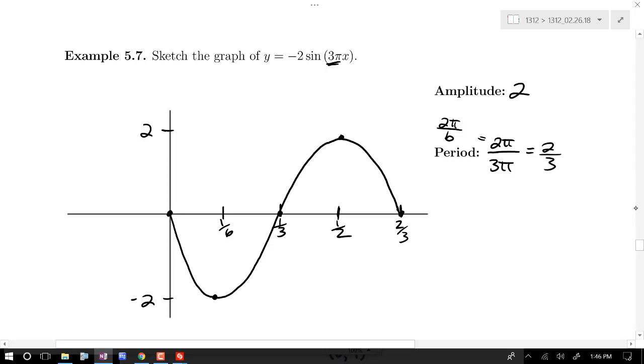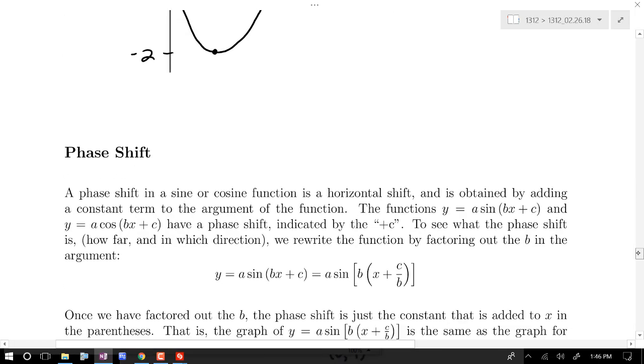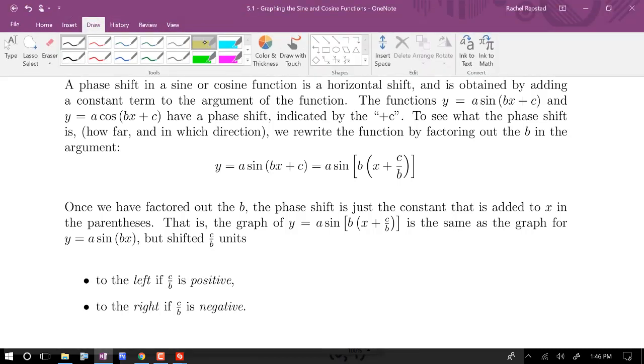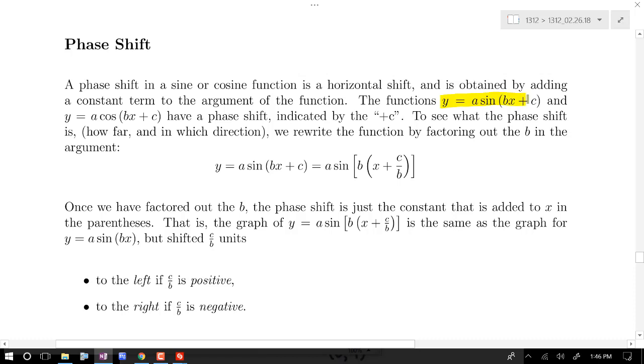All right, so we probably get a little bored just playing around with amplitude and period, so let's do phase shifting. A phase shift is nothing different than just a horizontal shift of a graph, but when we talk about periodic functions, we call them phase shifts instead of horizontal shifts. So we're going to look at how we can graph functions that look like a times sine of bx plus c, or a times cosine of bx plus c.